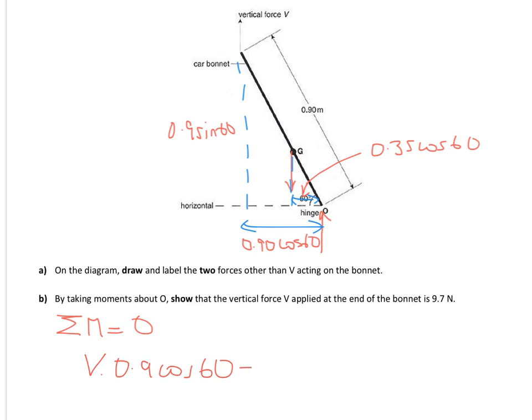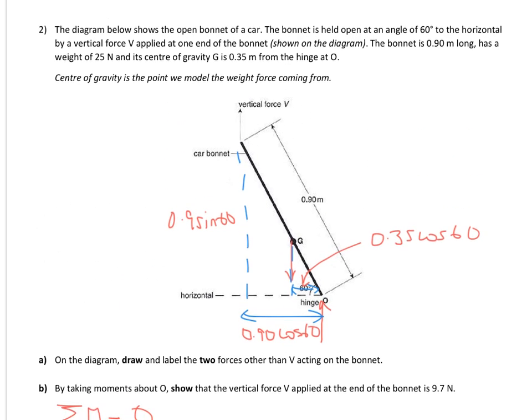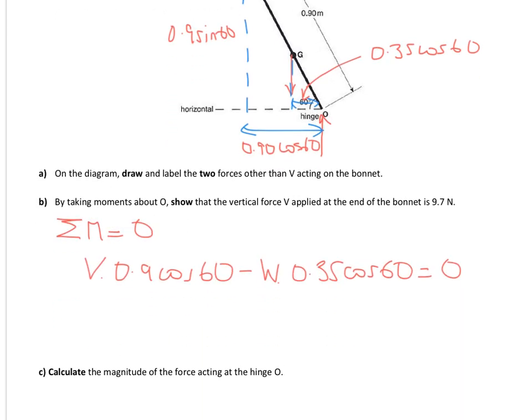And in the opposite direction you're going to have the weight force times by 0.35 cosine 60. And that's going to be equal to 0 if it's in equilibrium. W is 25, so we can put that in when we rearrange. So we get V is going to be 25 times 0.35 times cosine of 60 divided by 0.9 cosine 60.